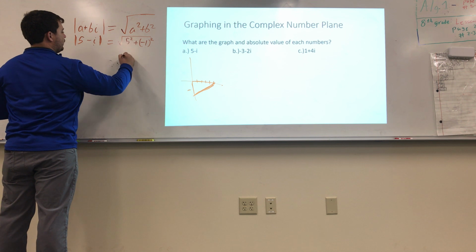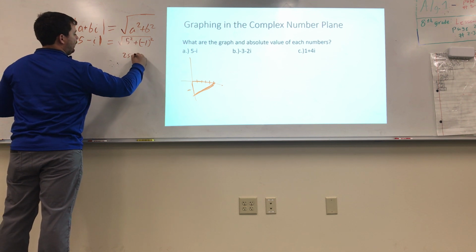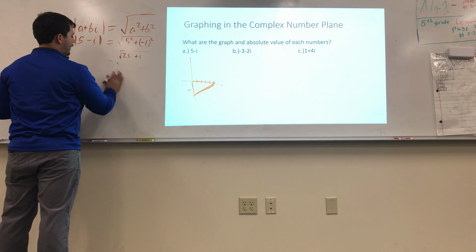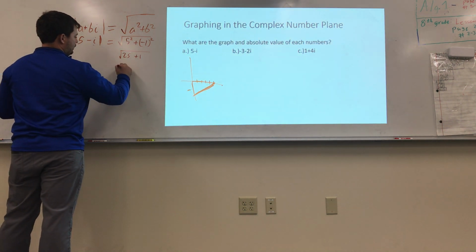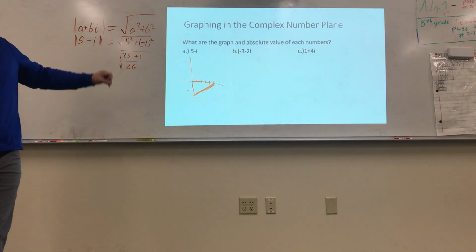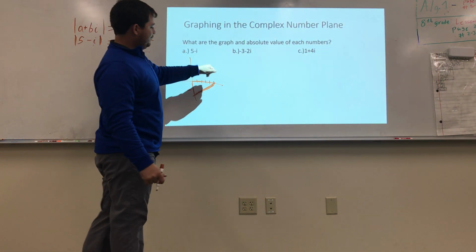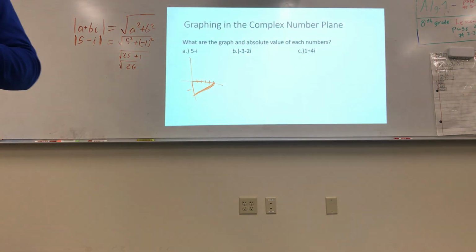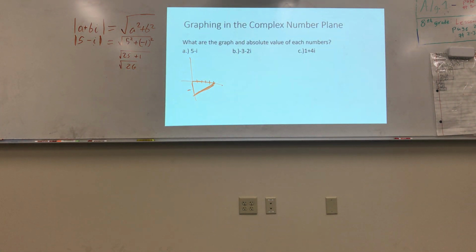You're going to square these and get 25 plus 1, and the square root of that. Alright, square root of 26. That is my answer. That is the distance from here to this number right here, in the imaginary and real coordinate plane.